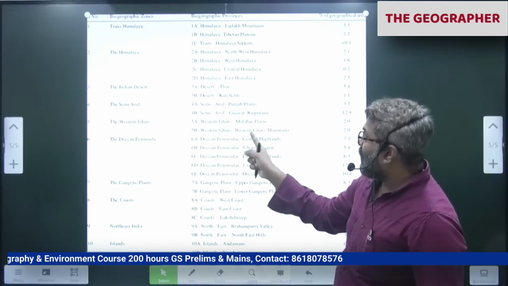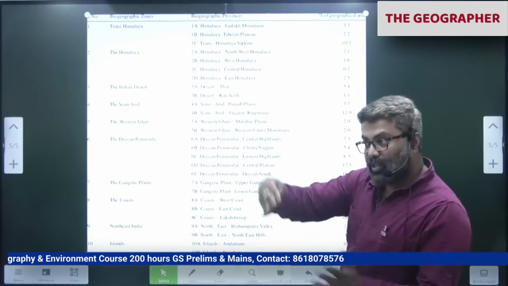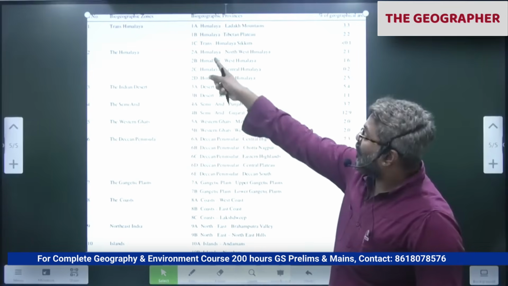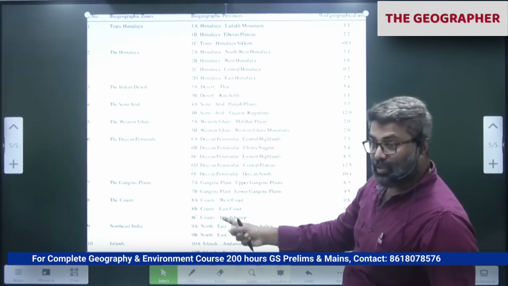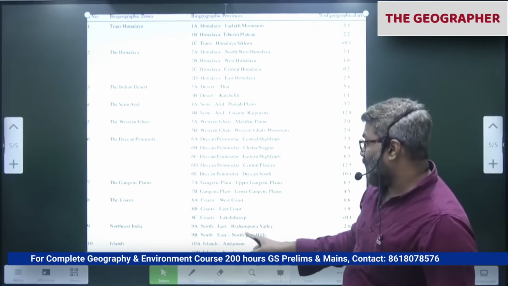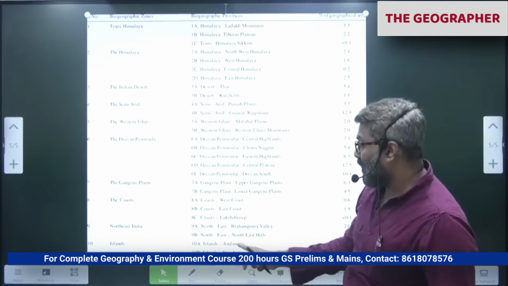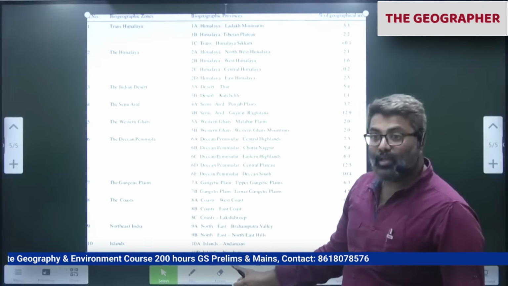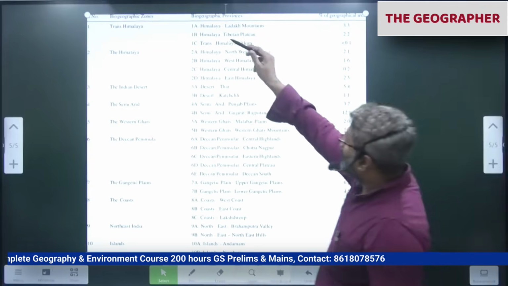Western Ghats, Malabar coast and Western Ghats mountains, both. Coast, West Coast, East Coast, done. Lakshadweep, also we have covered. Northeast, Brahmaputra Valley, hills, Nagaland, Manipur, Mizoram, Tripura, Meghalaya. Islands, Andaman, Nicobar.